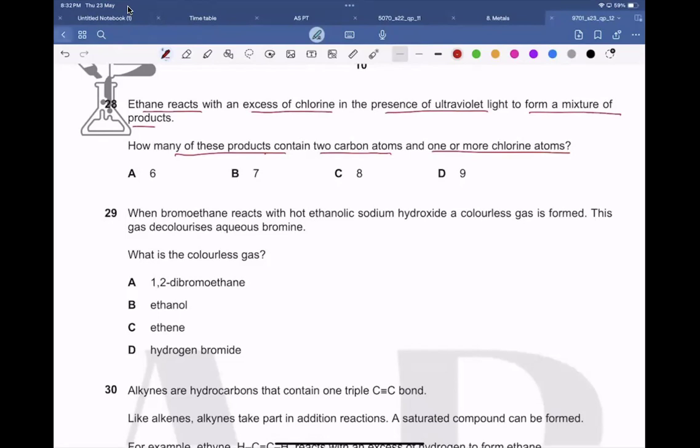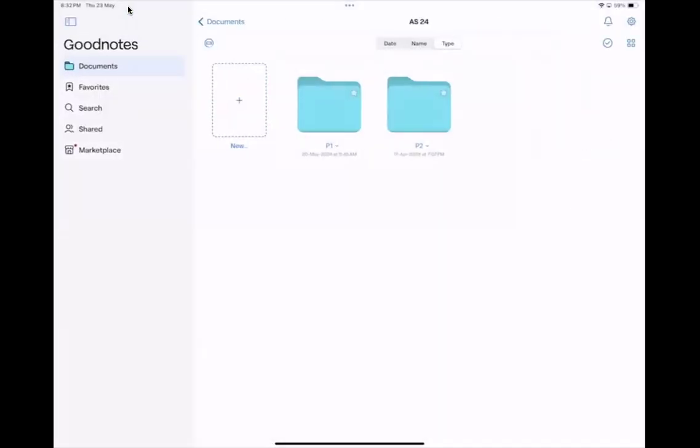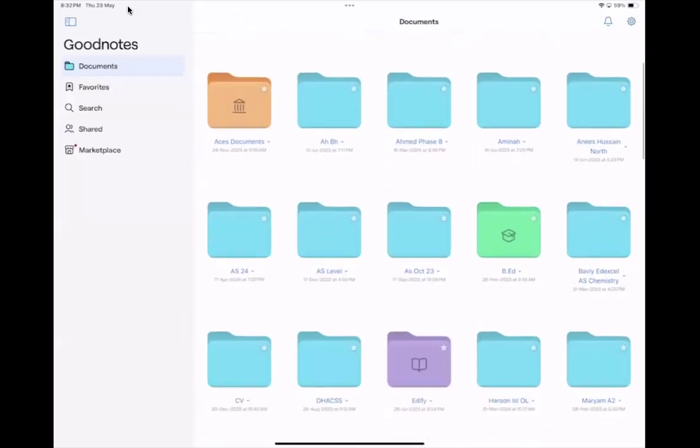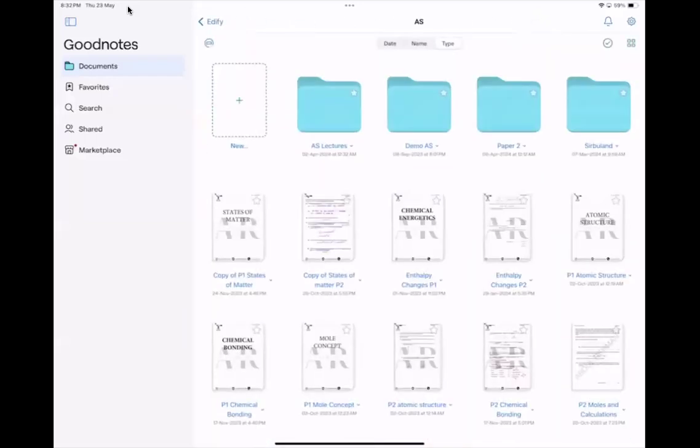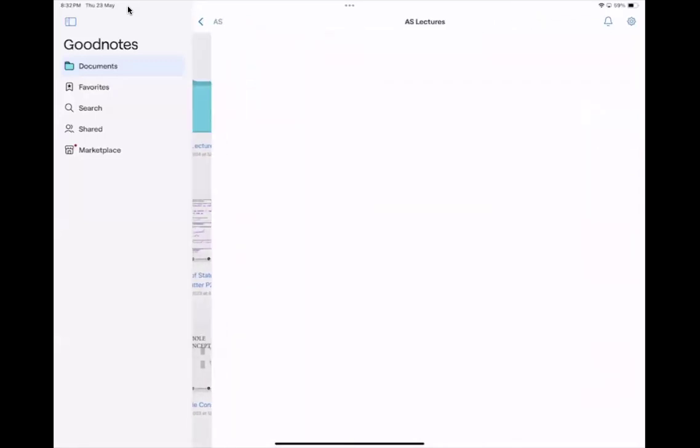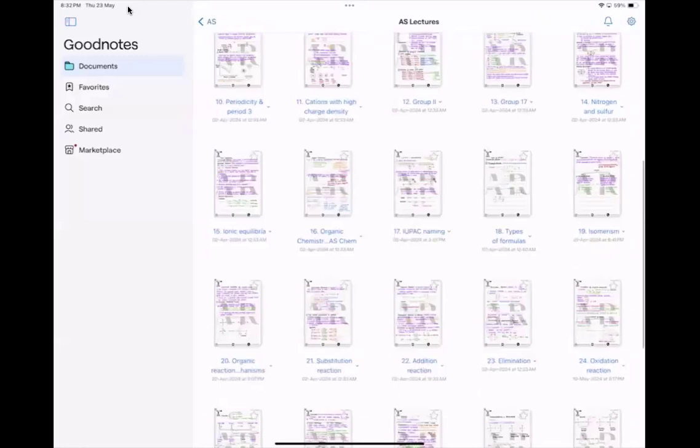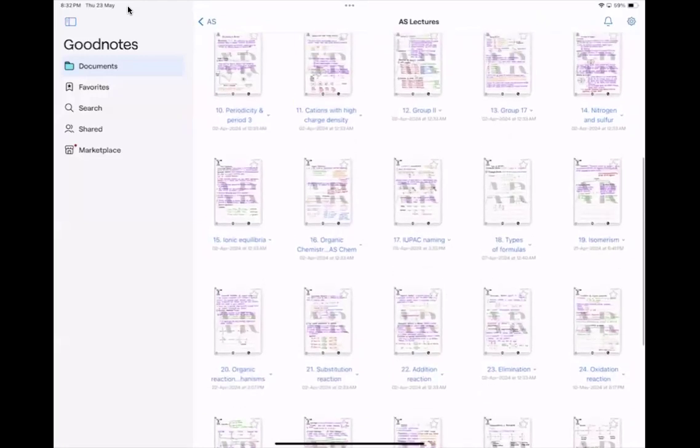Okay, I think I have discussed one such kind. Let me check. 2 carbon atoms and 1 or more chlorine atoms, right? 2 carbon atoms and 1 or more chlorine atom substitution.